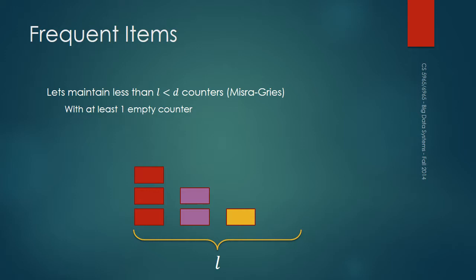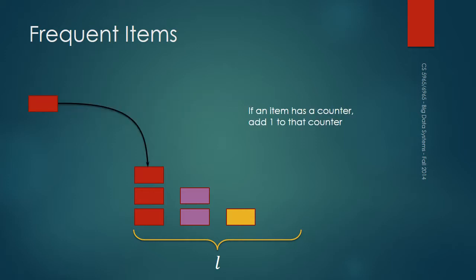The general idea is that you maintain L counters with one extra constraint, that at least one of those counters is empty. I have a bunch of counters, labeled with what color it is and how many times I've seen it before, and I have at least one empty. As a new item shows up, you have two possibilities.